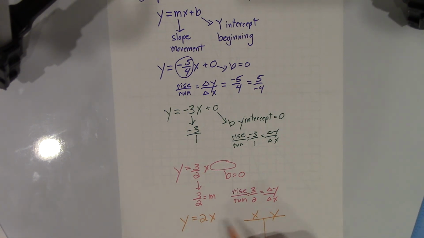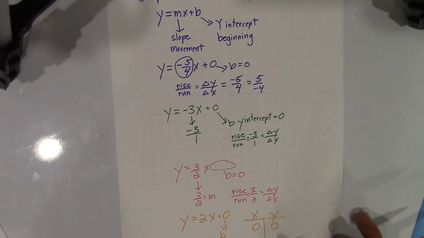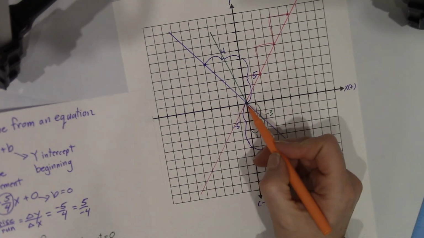So let's say I'm going to have an x of 0. Well, my y is 0. Oh, that's right, because my y-intercept, right, is 0, because there's nothing there. So 0, 0 is going to be a point on my line.